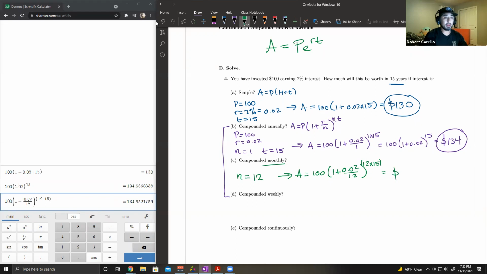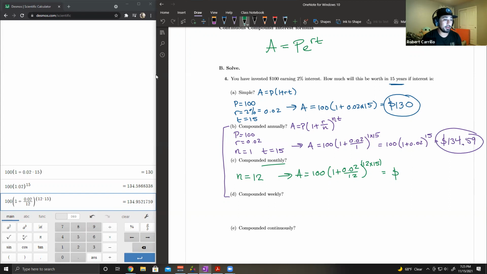Okay. So now, if we tell the bank, hey, we don't want to compound annually, we want you to compound the money monthly, we want interest every month because that sounds like the better deal. And if we do that, oh, I left the decimal number off on that one, huh? Hang on. We want all our money. So that was 134.59. There we go. Yeah, keep those decimals on there.